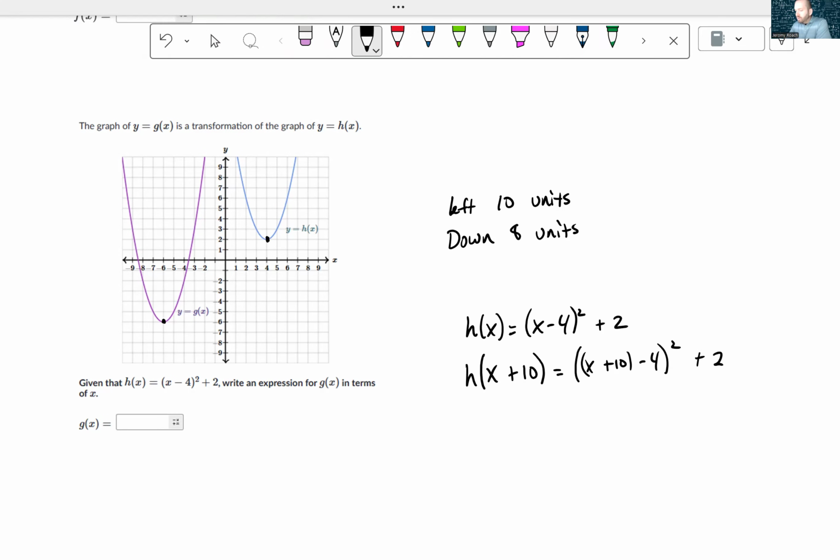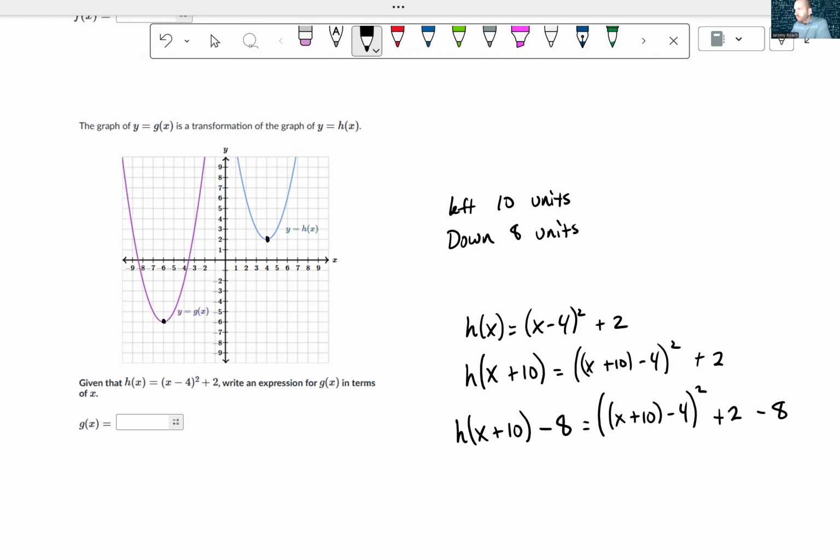But we also went down 8. So now we're going to write this as h of x plus 10 minus 8, the 8 that we're going down. And we're going to write our complete function as x plus 10 minus 4 all squared plus 2, and then minus this 8 here.